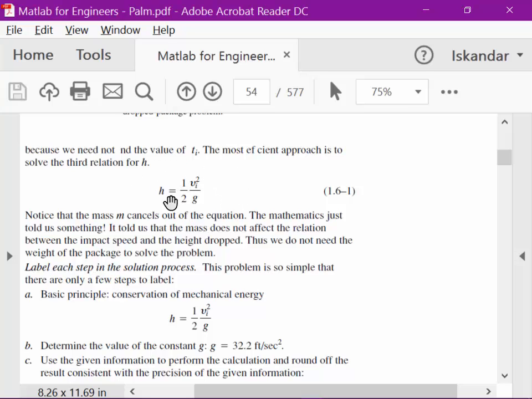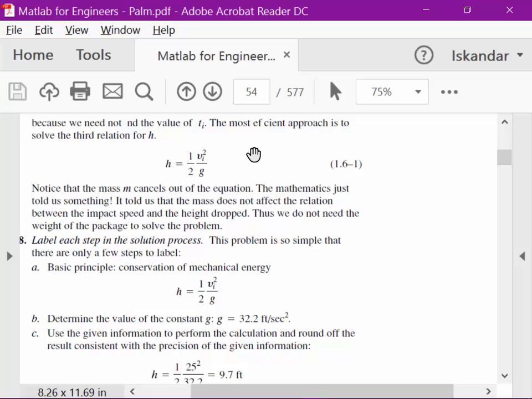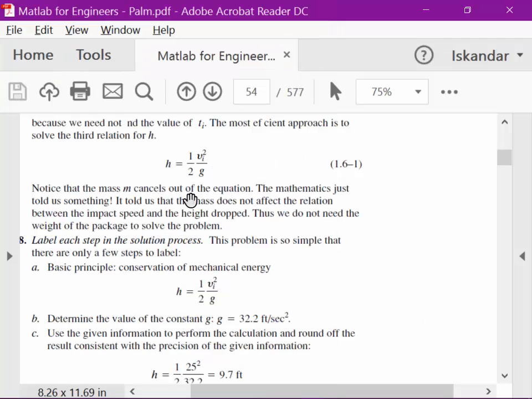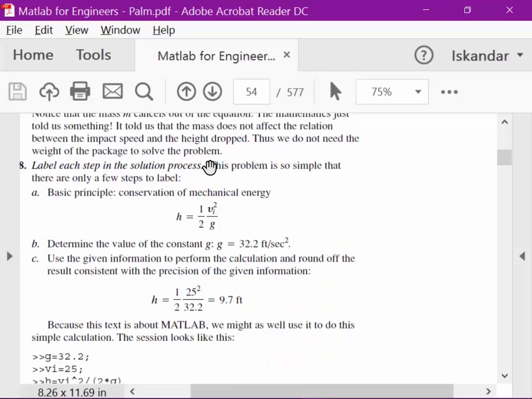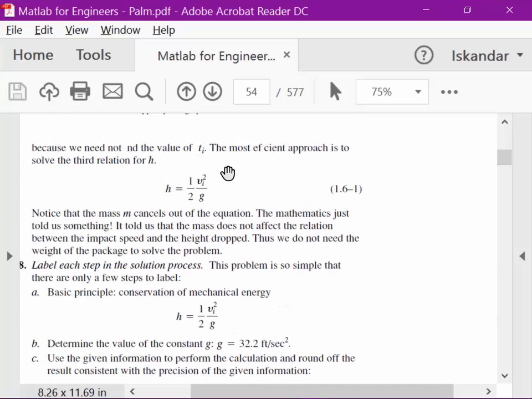Now again, this is the only formula we need in this case. And the reason is because we're given the final velocity, which is going to be 25 feet per second. We're given our final velocity, we're given g, and we're looking for the height.